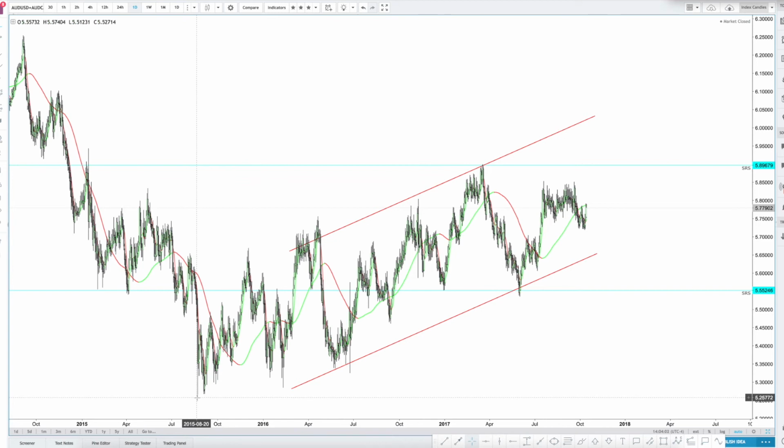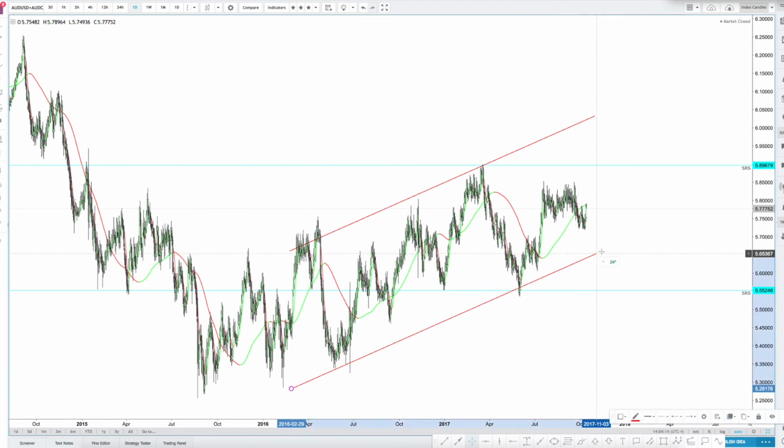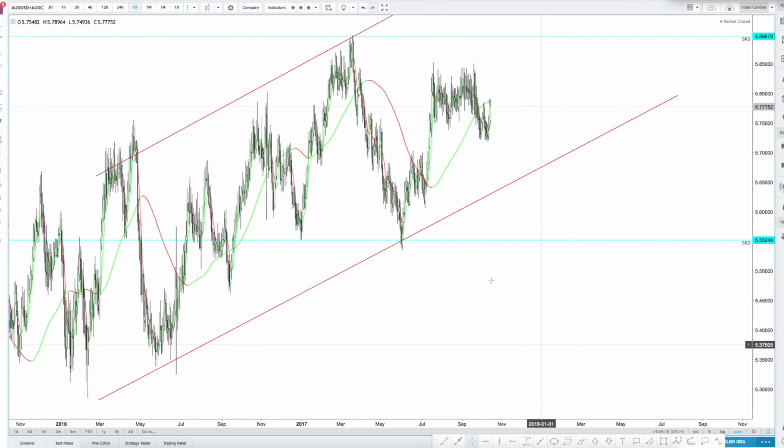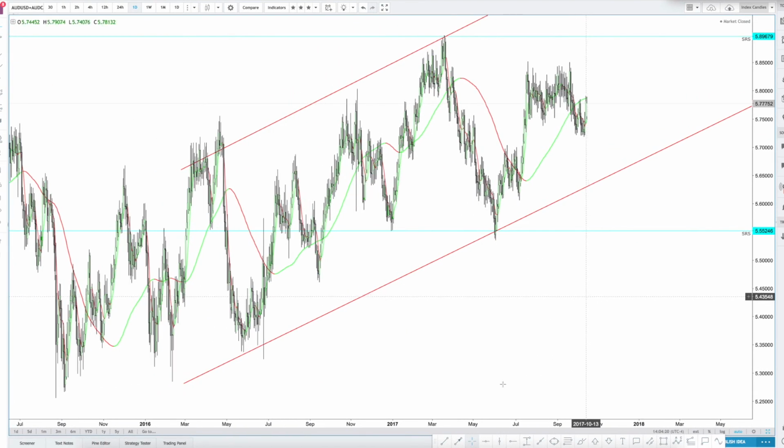So if this is the low, then we have 1, 2, 3, 4, 5, 6. So there's all kinds of higher lows, and make this go out a little bit like this. So I'm definitely interested in this SRS level here.